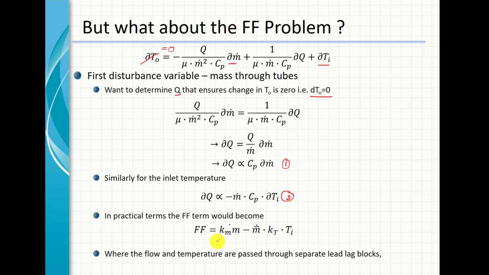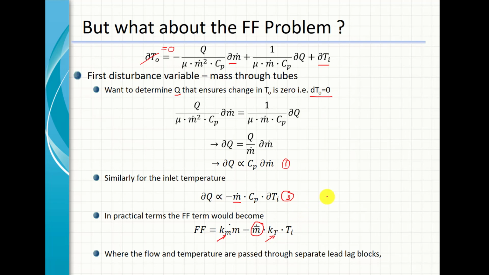So there's a gain for the mass flow and a gain for inlet temperature. Now you'll see the inlet temperature has a disturbance that's a function of the mass flow as well, which is also varying. So one would just pass a moving average through the mass flow to achieve this.